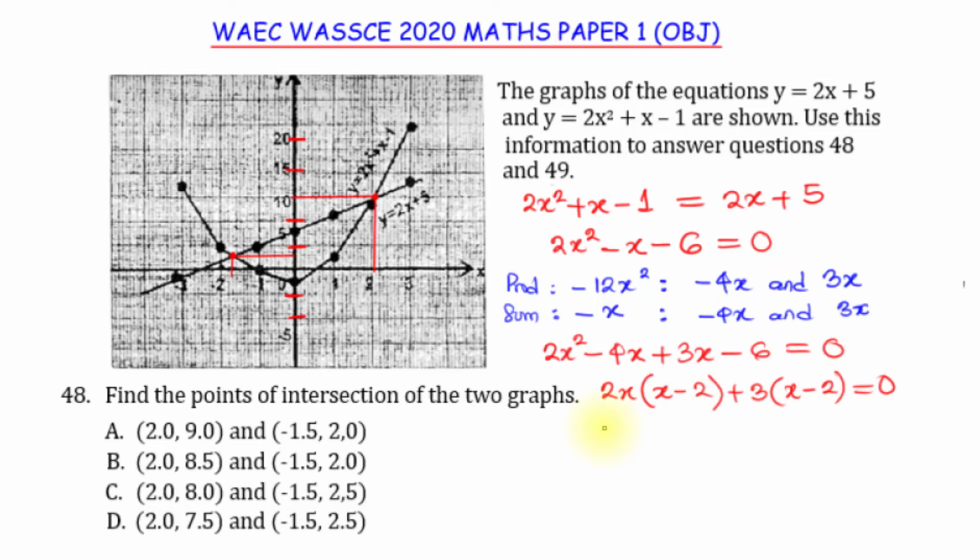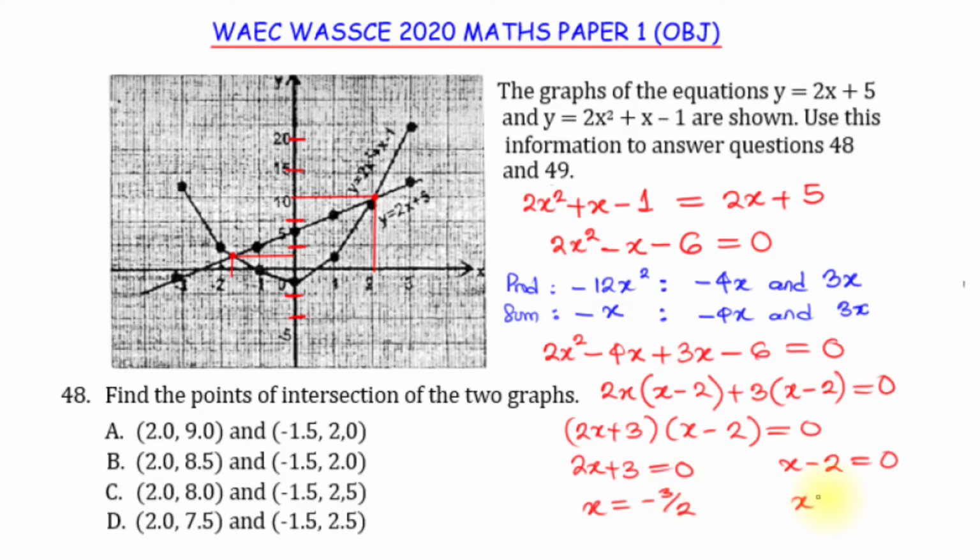So this is going to give me 2x plus 3 and x minus 2 is equal to 0. If I solve for this, from this left hand side, I have 2x plus 3 is 0, or x minus 2 is 0. For this particular case, x will be minus 3 over 2, and here x will be 2.